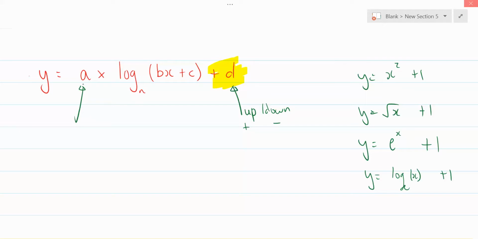So if I did 2 times x squared, it's like saying 2 times y. Therefore, if you're affecting your y values, it's your vertical stretch. Okay, so this is a dilation factor. So you're dilating factor A from the x-axis, meaning it's a vertical stretch. If that didn't make sense to you, it's a vertical stretch.